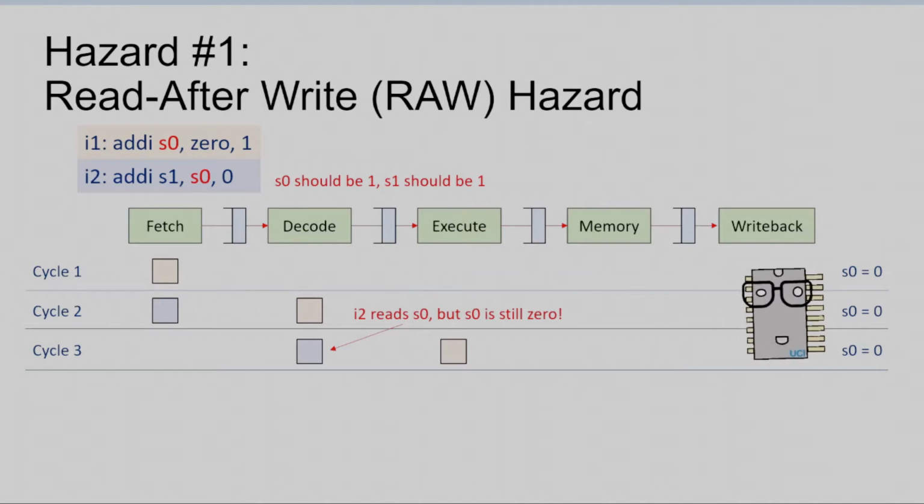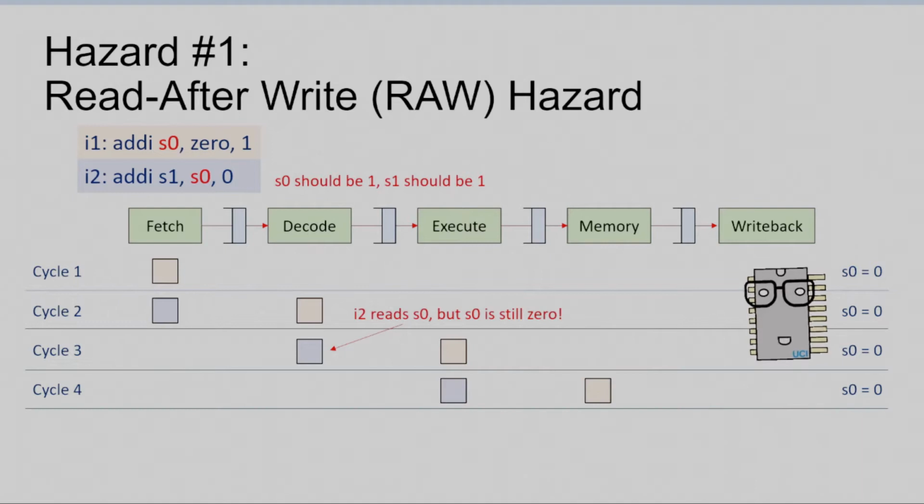So at the third cycle, because one of its operands is S0, instruction 2 reads the value of S0 from the register file. But because instruction 1 has not reached the write-back stage yet, the value of S0 that instruction 2 reads is still 0, because the value of S0 as stored inside the register file is still 0.